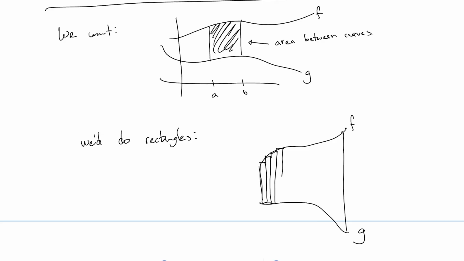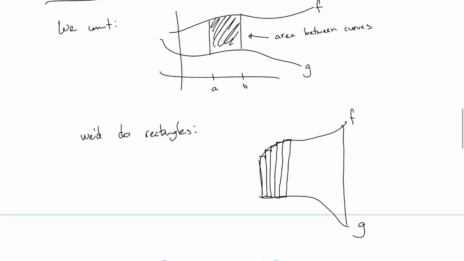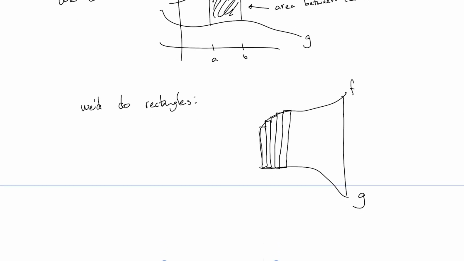They go up to f at the top and down to g at the bottom, right? And the important part here is these heights, they aren't f of x. They are now f of x minus g of x, all right?